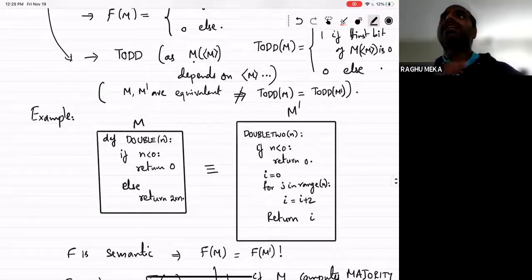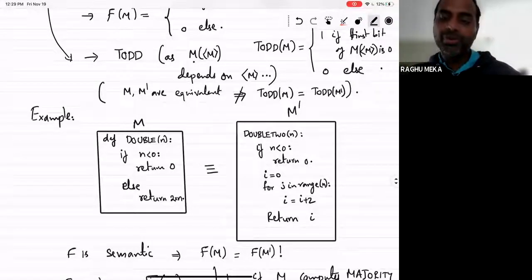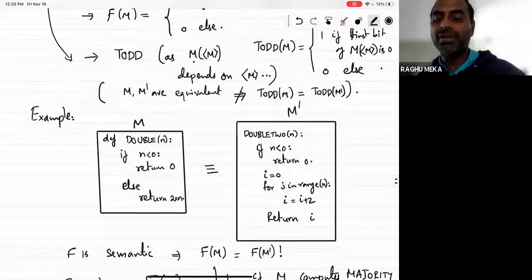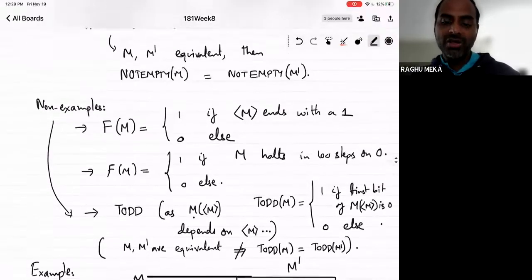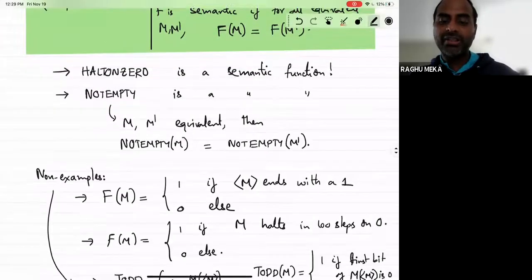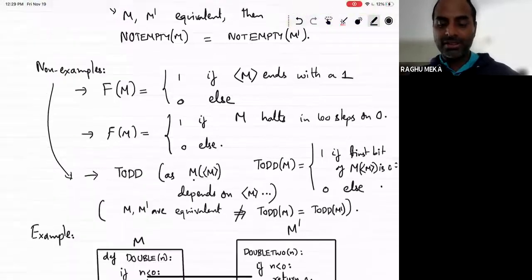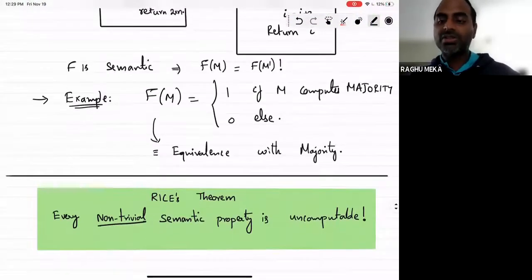It could be true, but it doesn't always have to be true for all M, M prime which are equivalent. So it is not semantic. But halt on 0, on the other hand, is semantic because it only depends on the behavior of the program on 0. Not empty is semantic. Equivalence, that entire category of things is semantic.